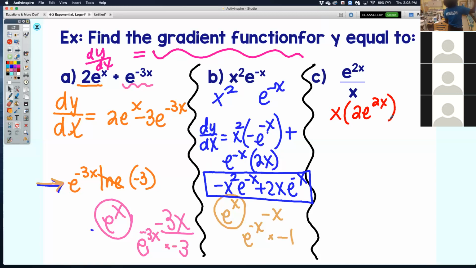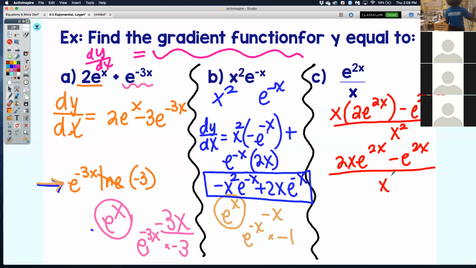Very good. Minus the top times the derivative of the bottom. What's the derivative of the bottom? All over low, x squared, low. So then that becomes 2x e to the 2x minus e to the 2x all over x squared.